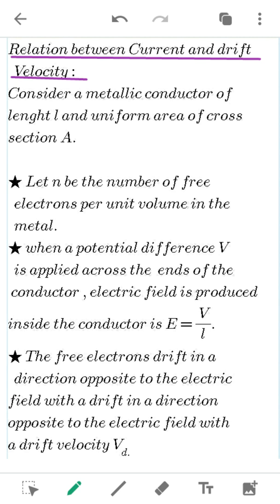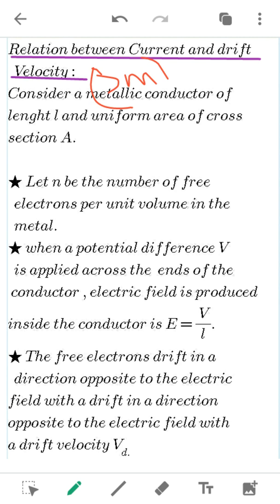These formulas are very important, and this relation is asked for 3 marks. It is repeatedly asked in many years, so it is very important, that is the relation between current and drift velocity.